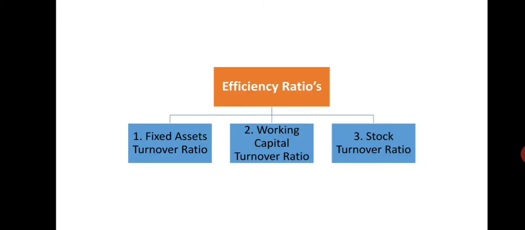There are three important efficiency ratios: fixed assets turnover ratio, working capital turnover ratio, and stock turnover ratio. Here stock turnover ratio is very important. So let us discuss these ratios one by one.